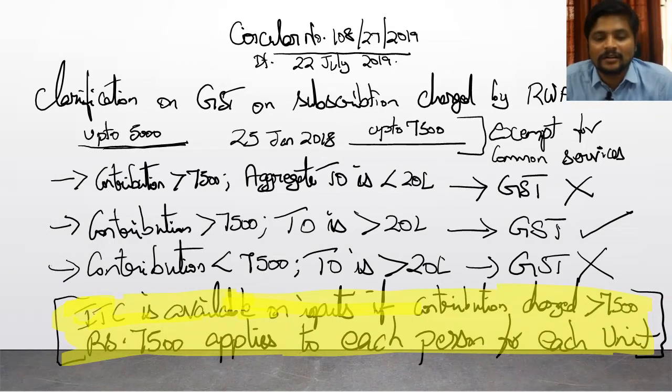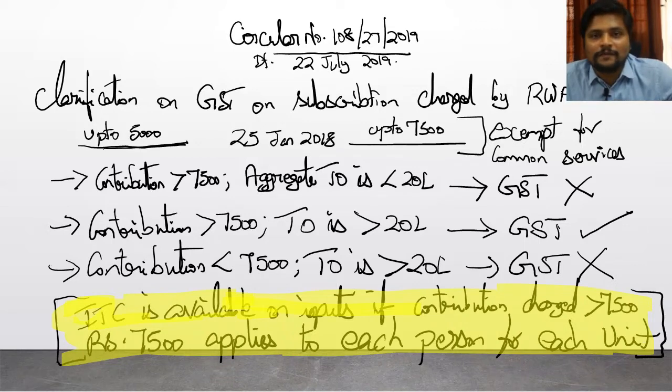Here the circular says the applicability of GST is based on the amount; there is an amount threshold for GST applicability. The threshold can be seen in two different timelines. One, from the appointed date till 25th January 2018, the threshold limit was 5,000 rupees.